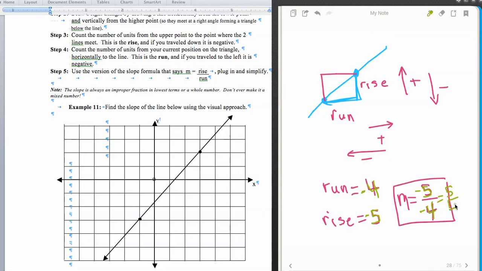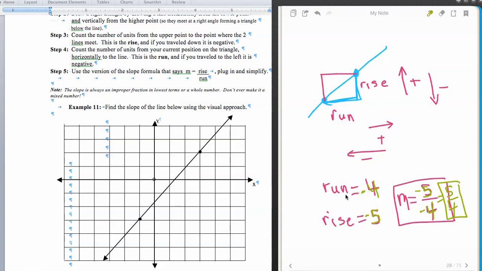That's exactly the same thing that we saw in our slope formula before: it doesn't matter which ordered pair you take as x1, y1 and x2, y2, the slope's going to be the same no matter what way we go. The only difference is the signs of these numbers, but when the signs get simplified, they end up being exactly the same slope.